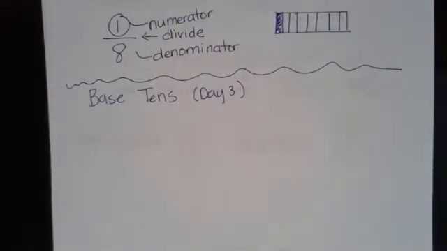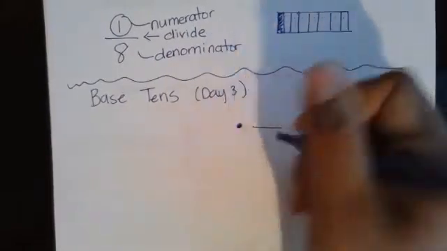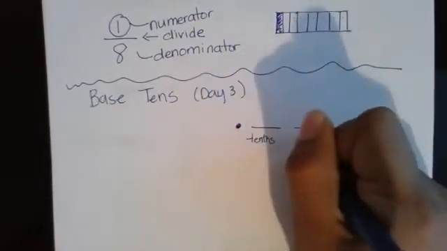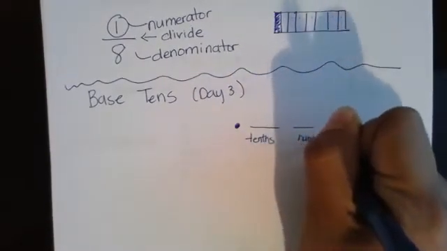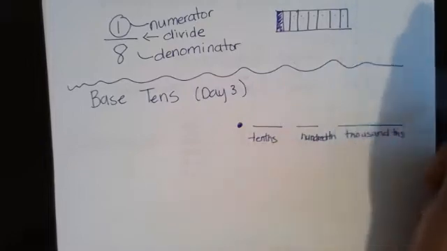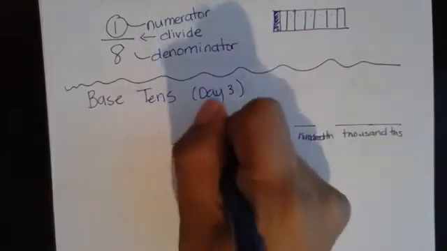Okay, so in order to understand base 10s, you have to understand that place value is important. So this is tens, hundreds, thousands, and this is going to be ones, tens, hundreds.